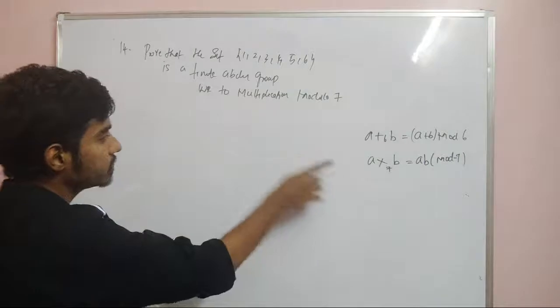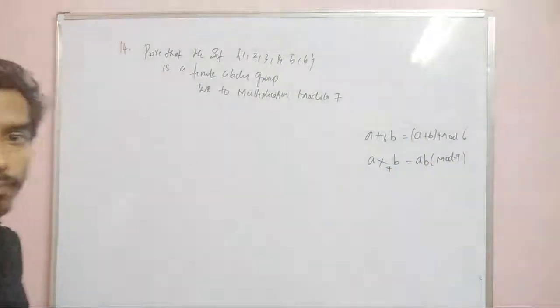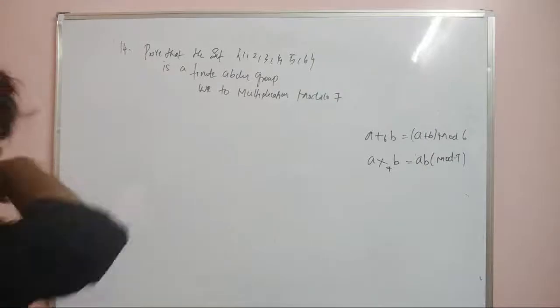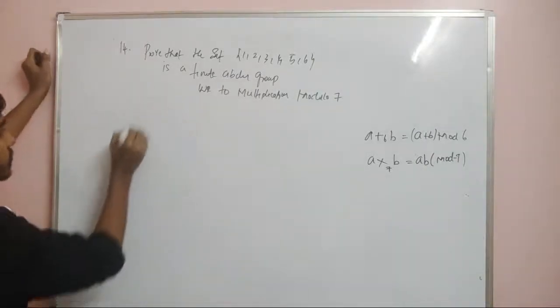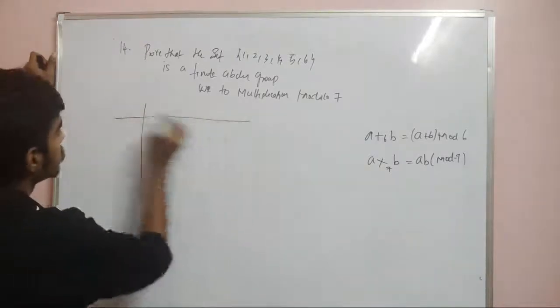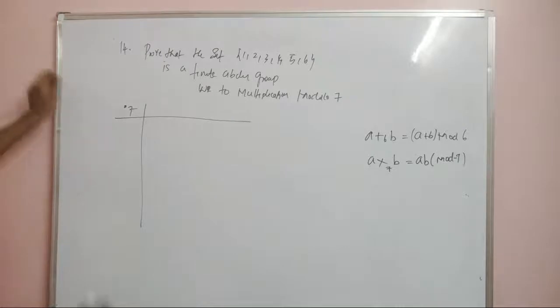We need to multiply the elements and write the remainder when divided by 7. So you can see the set is 1, 2, 3, 4, 5, 6. Here it is dot 7, whereas in the previous problem we had plus 6.